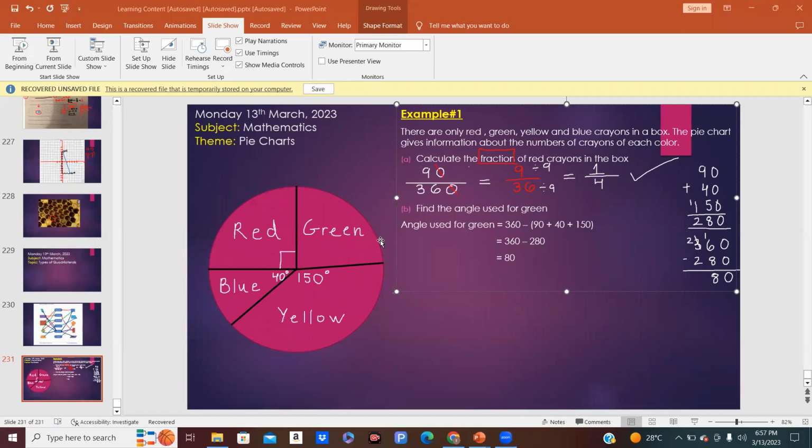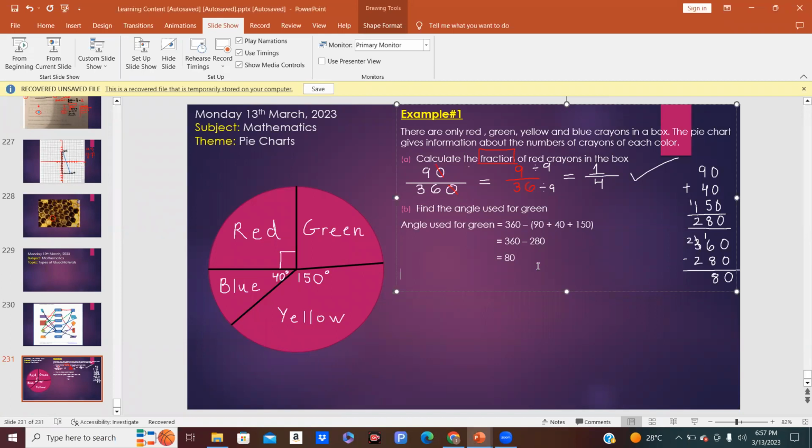Okay, so it's 80 degrees. Thank you, Aiden. Now we have part C, interestingly enough. I think it's going to be our last part.